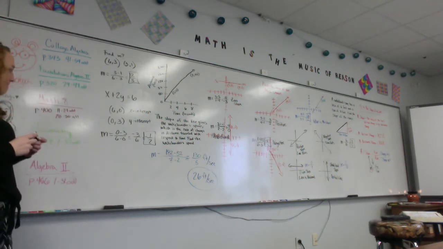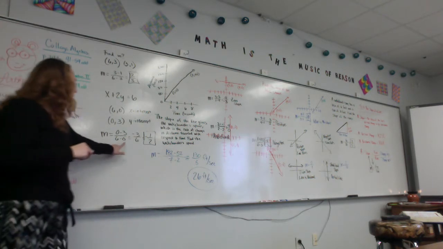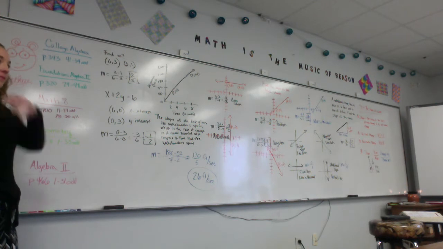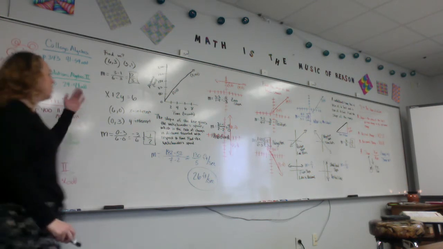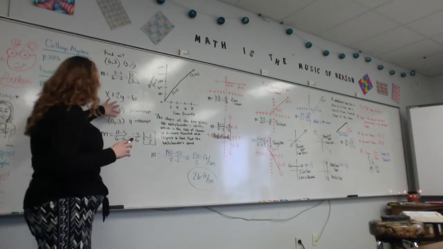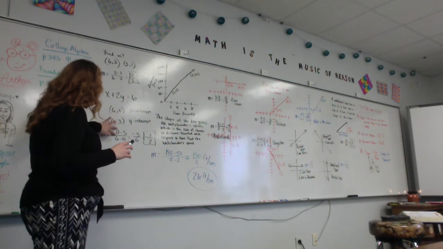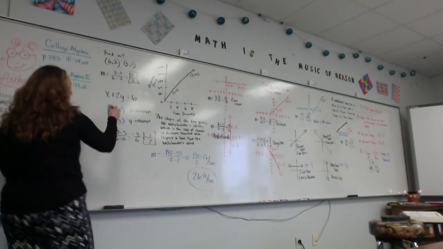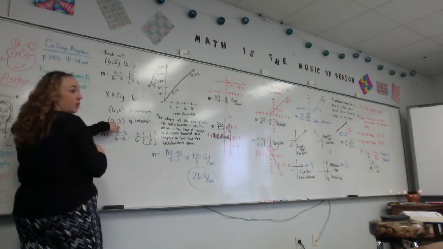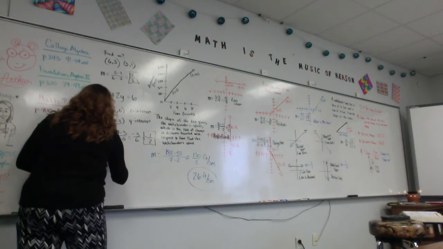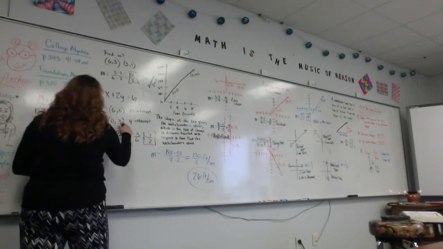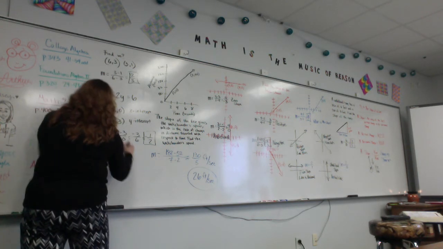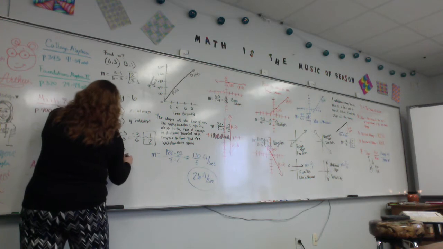Isn't it negative 6? No, because it's 6 minus 0. How do we know which one to subtract from? It doesn't matter. If I choose this y first, then my x has to go right under it. If I do it the other way, let's say I chose 3 first, then I have 3 minus 0 over 0 minus 6.